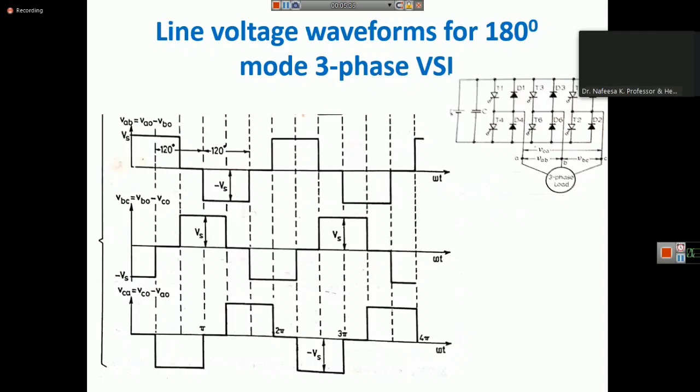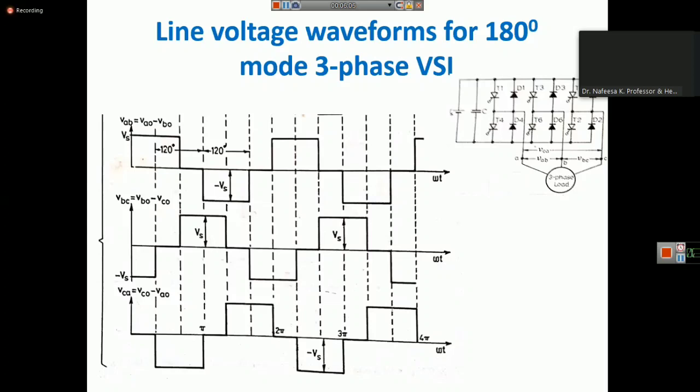She's asked, do we always need to keep the V by F as constant, or only when under the synchronous speed? Usually, there are two modes of operation. One is below base speed, in which we usually use variable voltage, variable frequency control. Below rated speed only, we are able to vary the armature voltage.